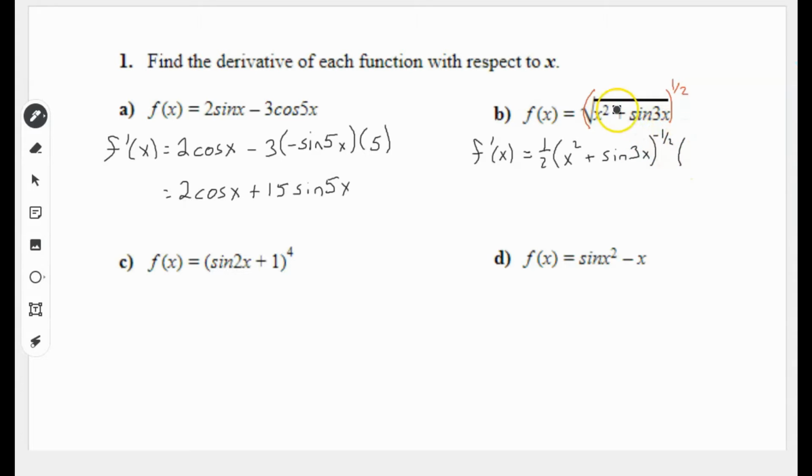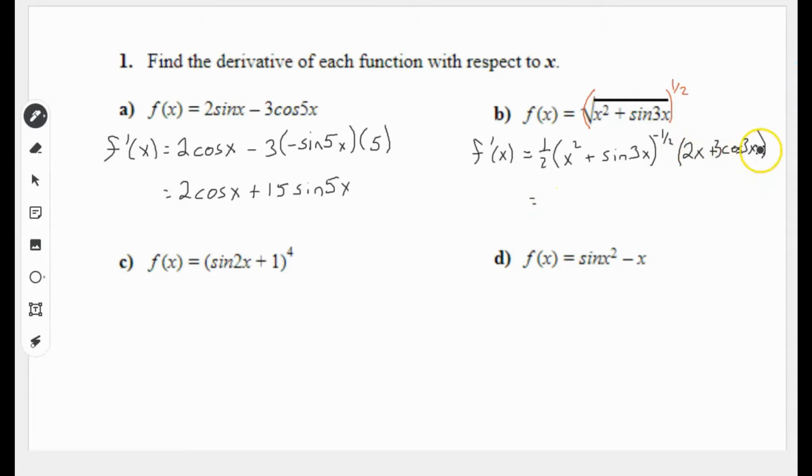And then we need to multiply by the derivative in this bracket, so x squared, derivative of x squared is 2x. Derivative of sine 3x is cos 3x, and then we have to multiply that by the derivative of 3x, which is 3. So I'm just going to put a 3 in front there. Okay, and we can simplify that a little bit.